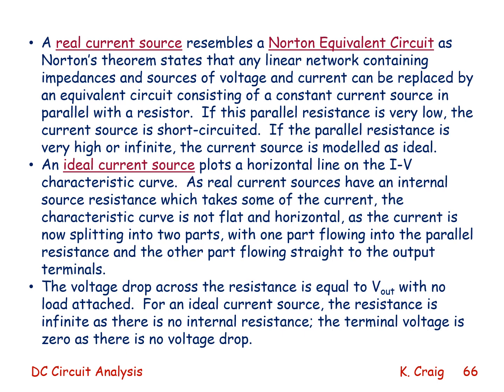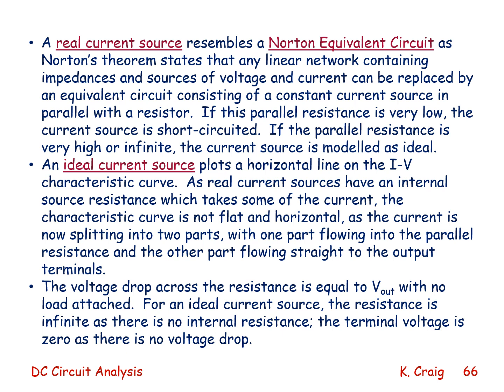An ideal current source plots a horizontal line on the current-voltage characteristic curve, as real current sources have an internal source resistance, which takes some of the current. The characteristic curve is not flat and horizontal, as the current is now splitting into two parts, with one part flowing into the parallel resistance and the other part flowing straight to the output terminals.